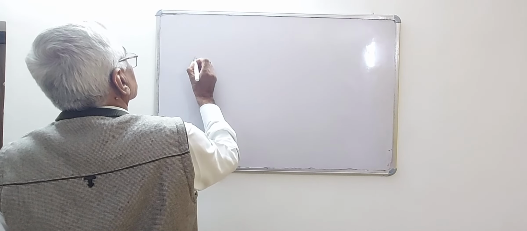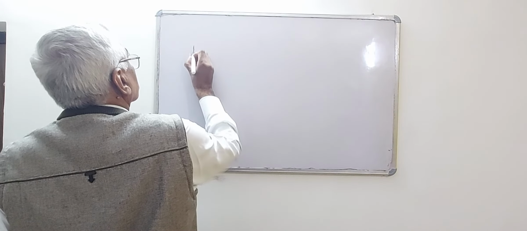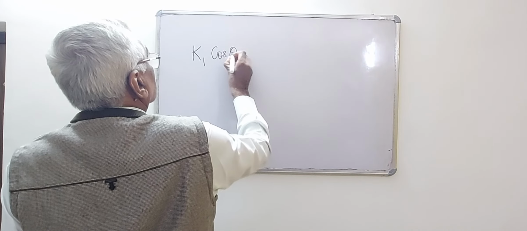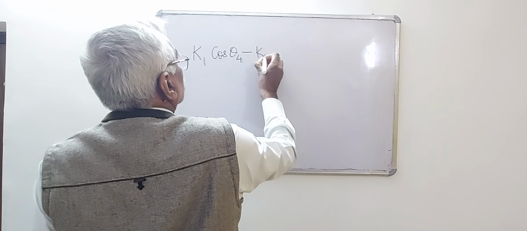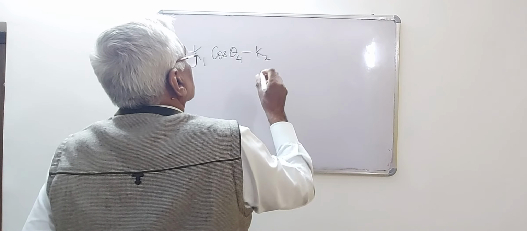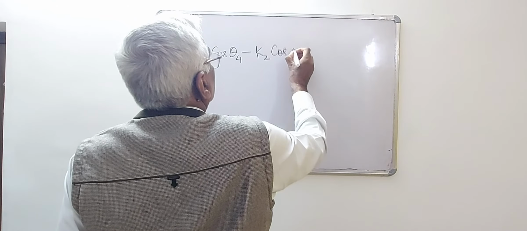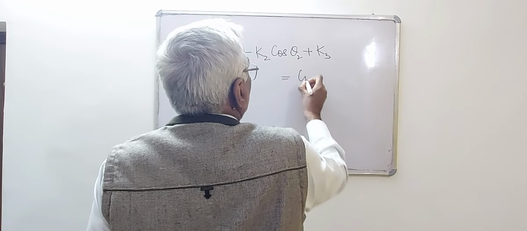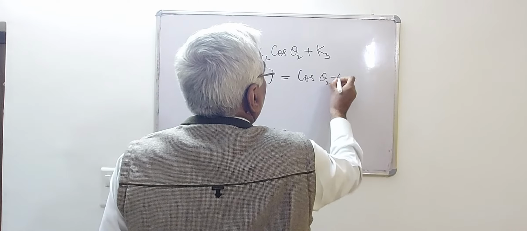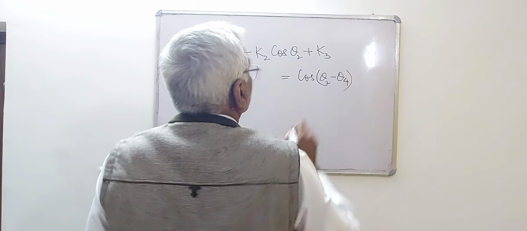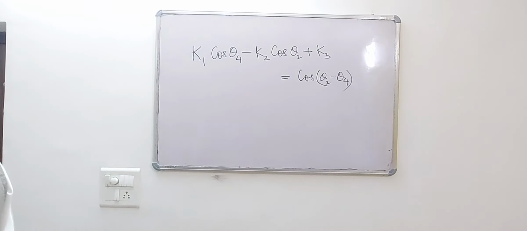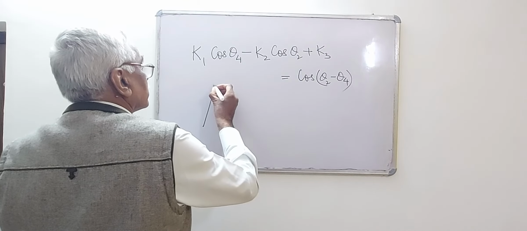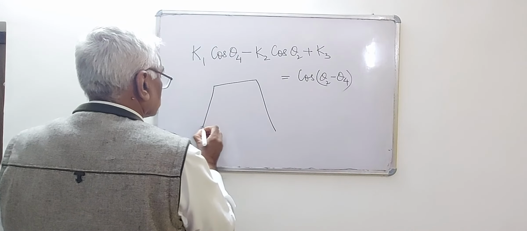Freudenstein equation is K1 cos theta 4 minus K2 cos theta 2 plus K3 is equal to cos (theta 2 minus theta 4). This equation is also very important and is used in the design of 4-bar linkage. It is like this.